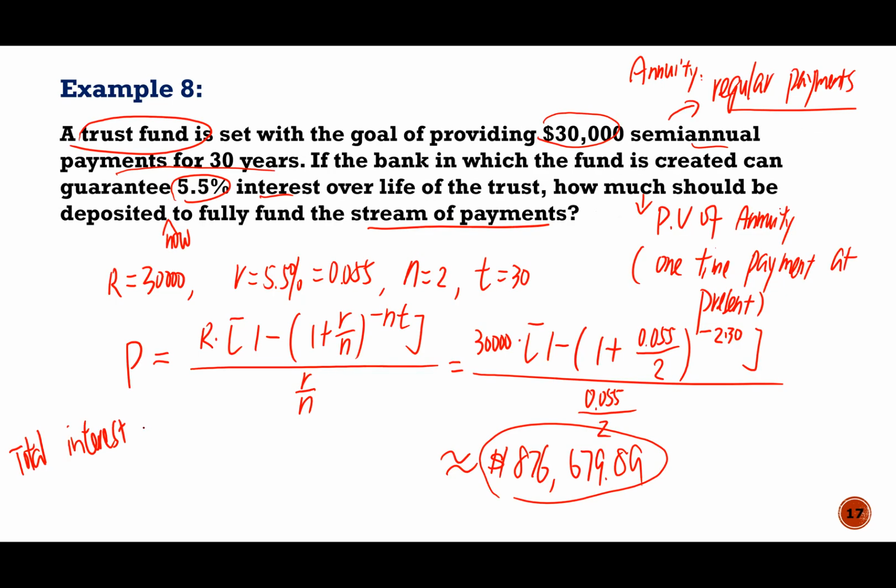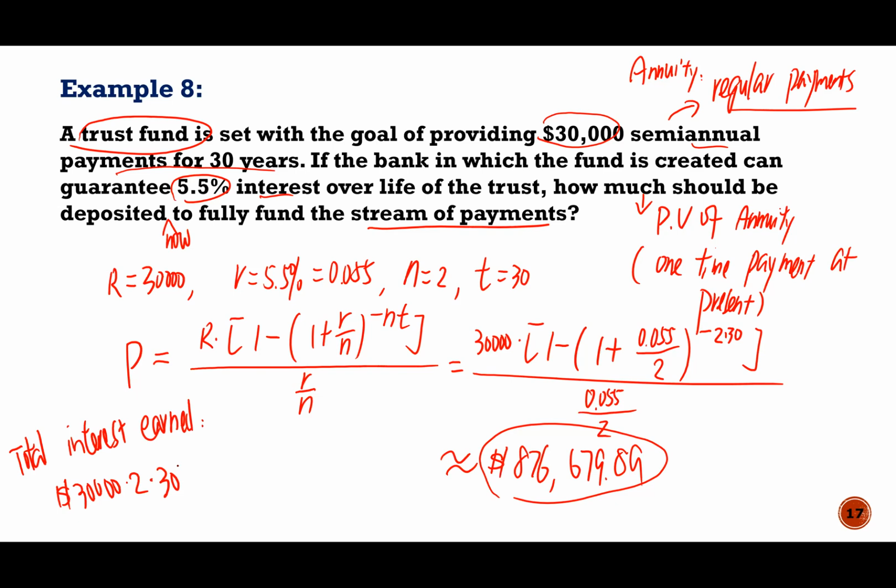Let's see how much interest you earn from this type of trust fund. So what you can do is multiply 30,000 by 2, right? You get the annual withdrawal from the account, and also you multiply by 30. That's the total money paid out to your recipient.